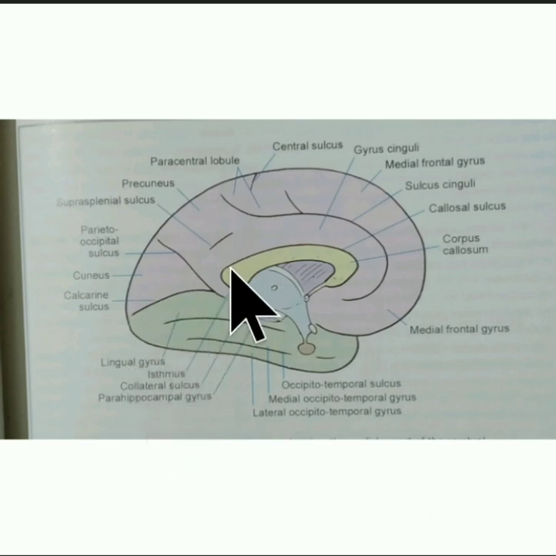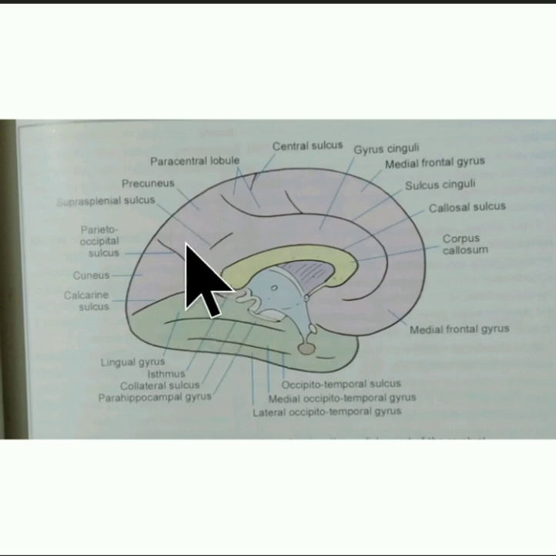As I have already said, this is the corpus callosum, and it is divided into parts. The posterior part is called the splenium of the corpus callosum. The area between the splenium of the corpus callosum and the calcarine sulcus is called the isthmus.